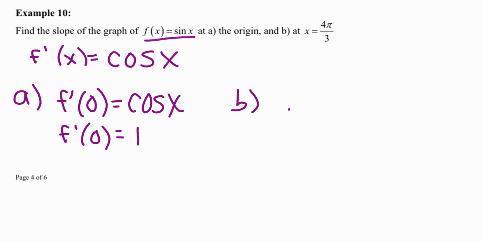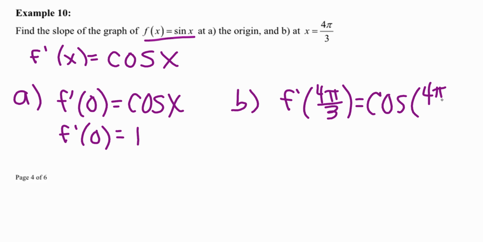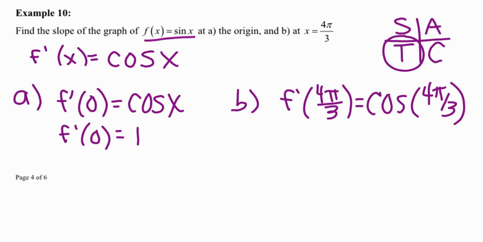Okay, for part B, f prime of 4/3 pi, the slope at 4/3 pi is going to be cosine of 4/3 pi. Okay, 4/3 pi is in the third quadrant, so it's going to be negative. And cosine of pi over 3, that reference angle, is 1/2. So there you go.